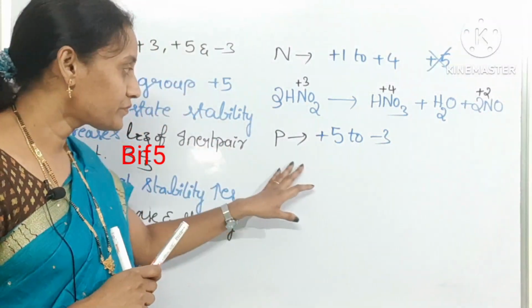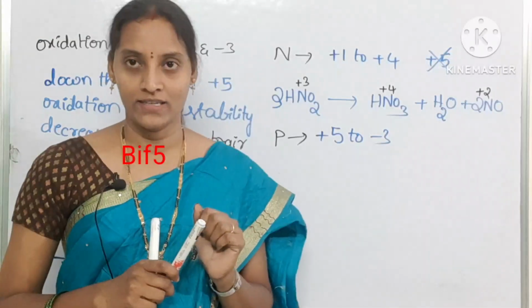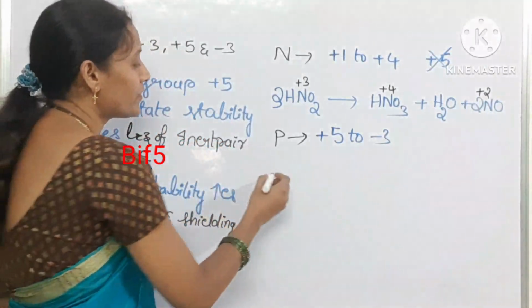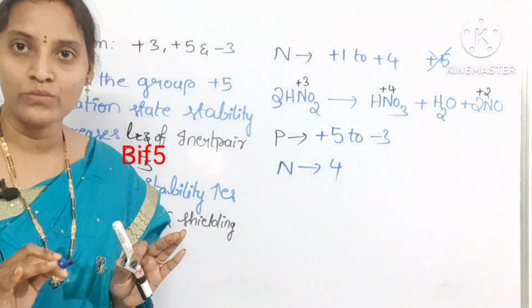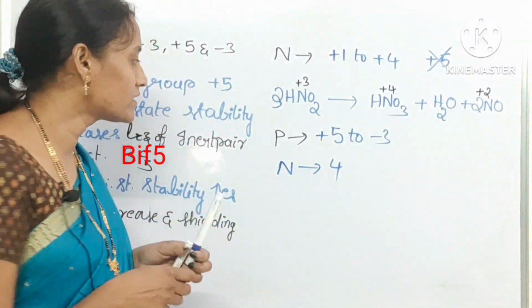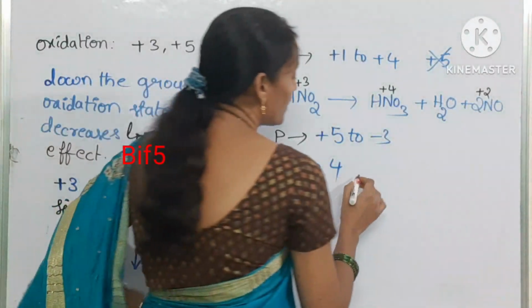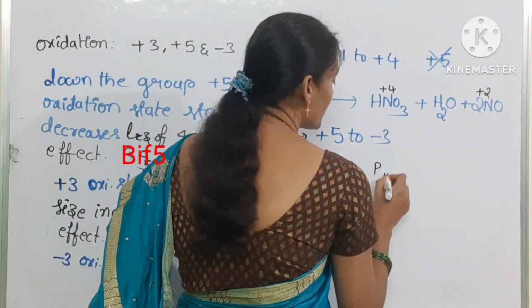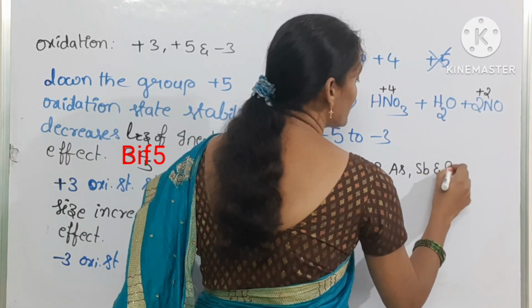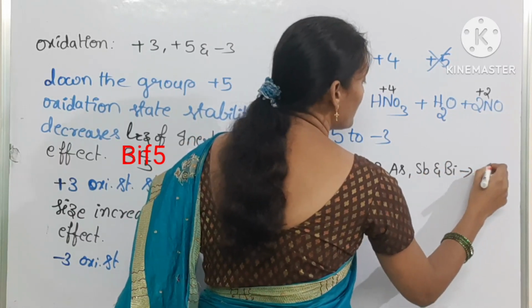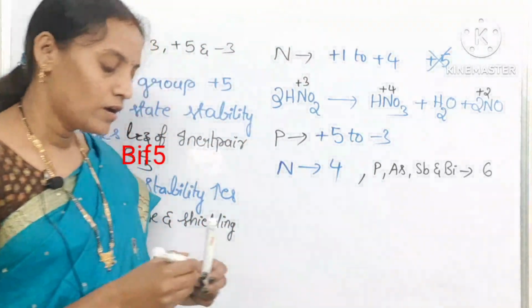Coming to their covalency, the covalency for nitrogen is 4 only, because of non-availability of d orbitals. For the remaining elements, phosphorus, arsenic, antimony and bismuth, the covalency is 6.